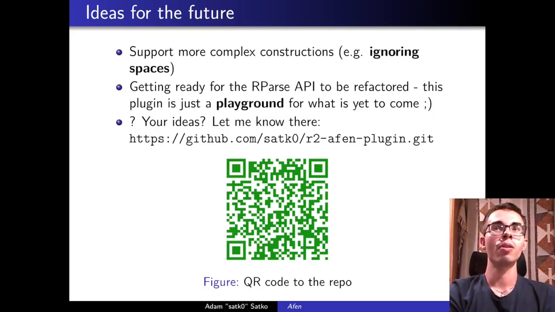And of course, R2 enables users to provide many options as flags, so afen is not respecting it. So it would be great if it was possible, but for now I'm quite happy with the state the afen plugin is in.